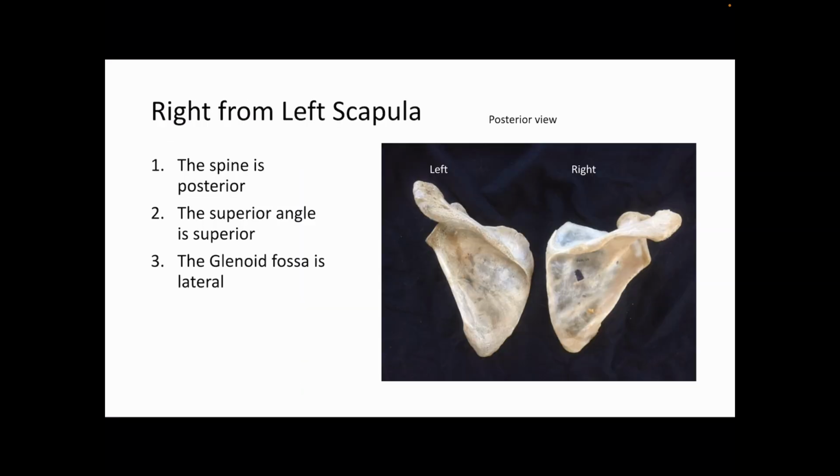To identify right from left scapula, the spine is always posterior. The superior angle is at the top, and the glenoid fossa faces laterally toward the humerus. So if the socket faces outward and the spine is on the back, you've got it oriented correctly.